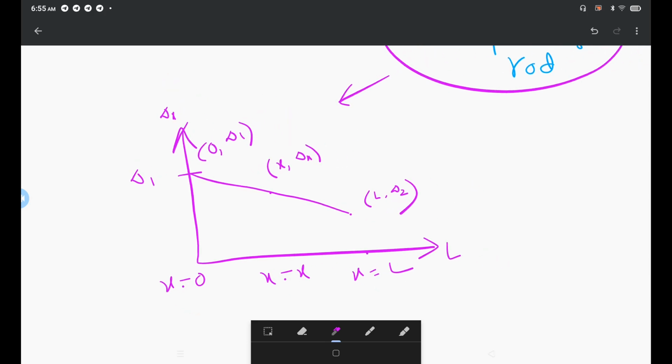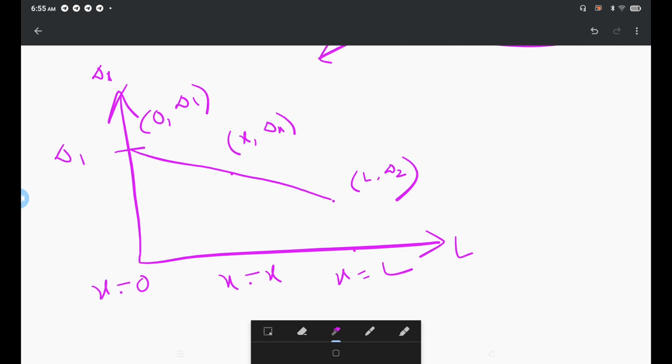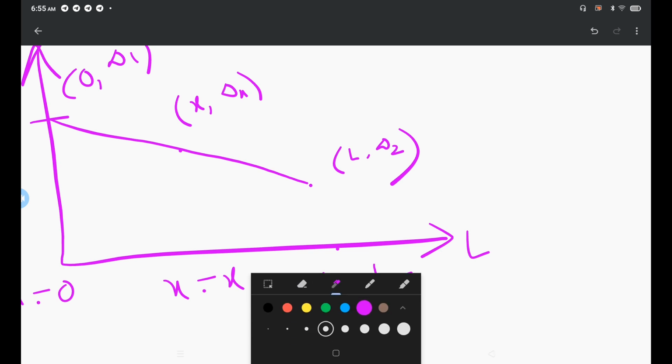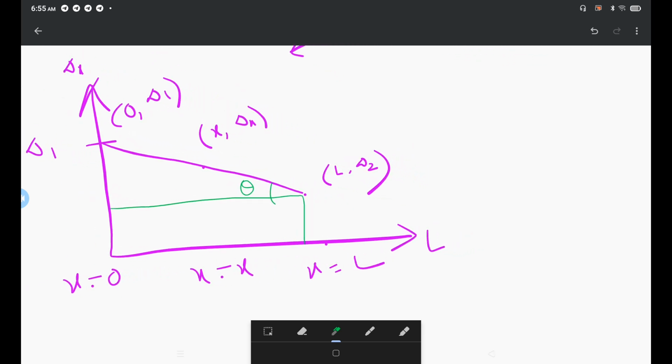To find the slope of this curve, the slope is theta. The slope will be y2 minus y1 upon x2 minus x1.